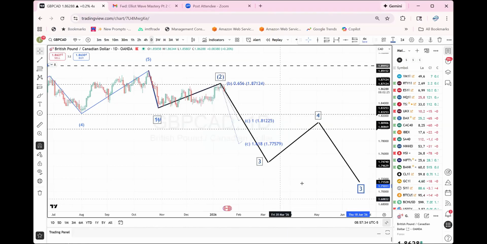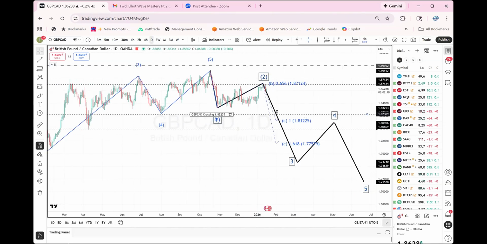So this is what I'm predicting here on the wave pattern. The only way this is going to happen is that I have to break this level here, which is 127%. Once I break that level, I'll also be below this 4 wave here, which is critical. So to start the full-blown reversal and completely declare this as a top, you have to break the 127% here, and you have to break this baseline of 4 here.